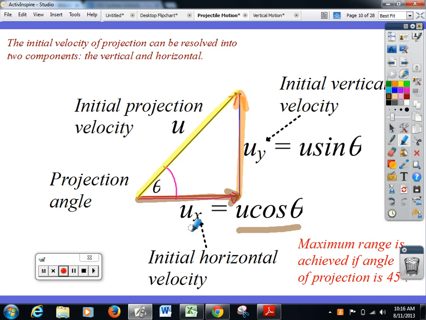So u close to the angle of theta. The initial vertical push, projection upward, is u sine theta. And I haven't got a mnemonic for that. I know it's just not close because it's not got cos in it.